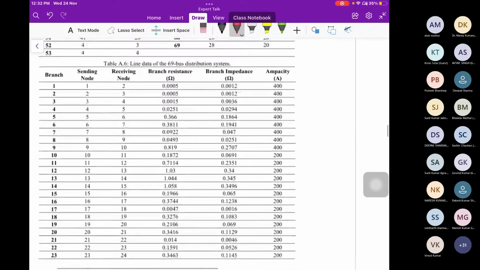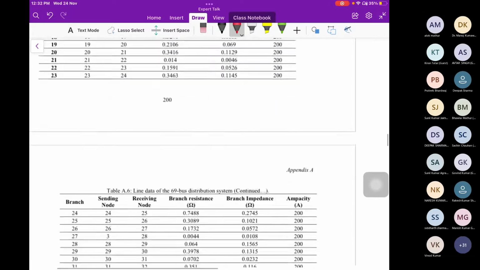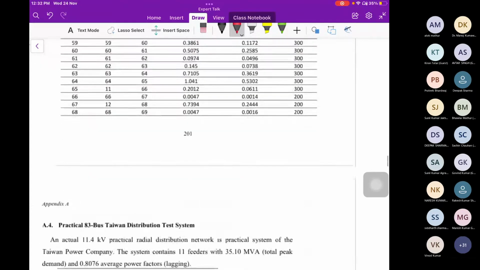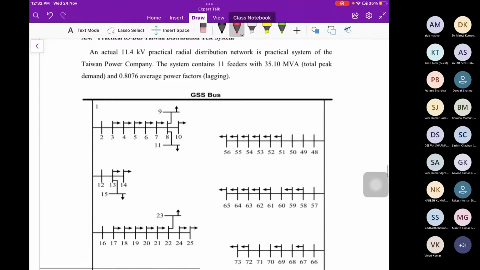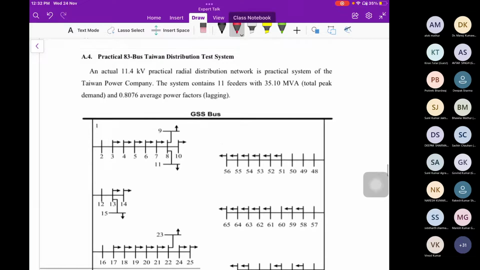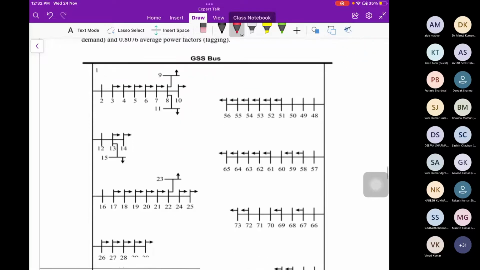And one more thing: the 83 bus system is a practical Taiwan distribution system, and as I have already told you, the 16 bus system is a sub part of it. The 33 bus system and the 69 bus system are hypothetical systems, but the 83 and the 16 bus are practical distribution systems, already situated in the Taiwan Power Company, in the country of Taiwan, and are actual systems.